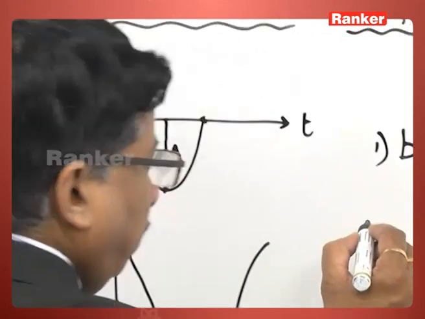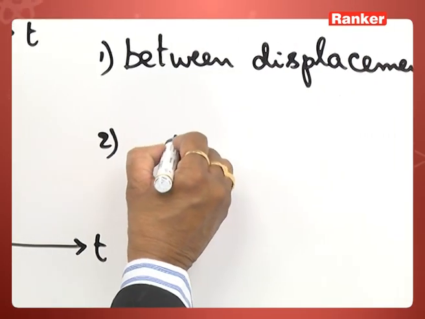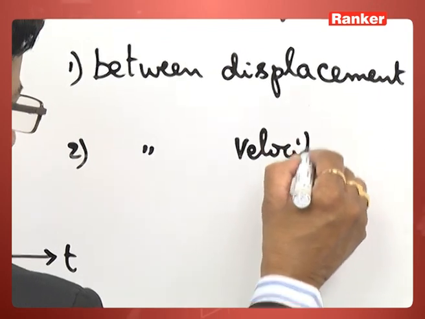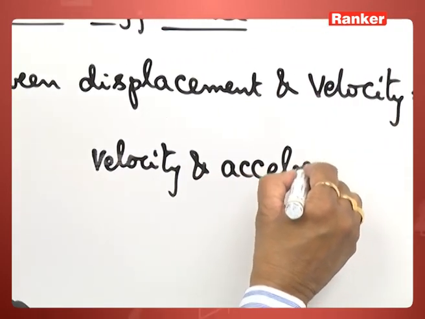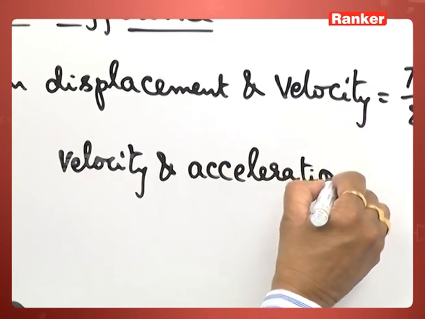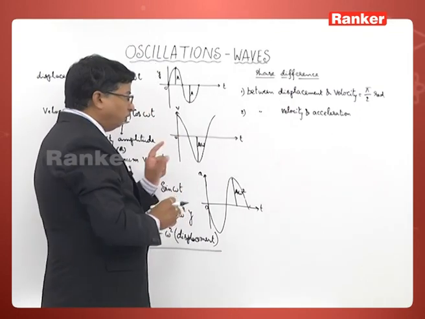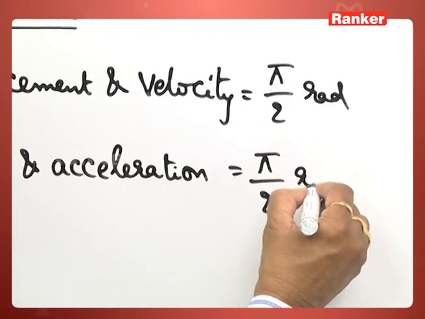And what would be the second one? Displacement and velocity we have taken. What is it between velocity and acceleration? What is the phase difference between these two? Even here you will find the same value, pi by 2 radian.